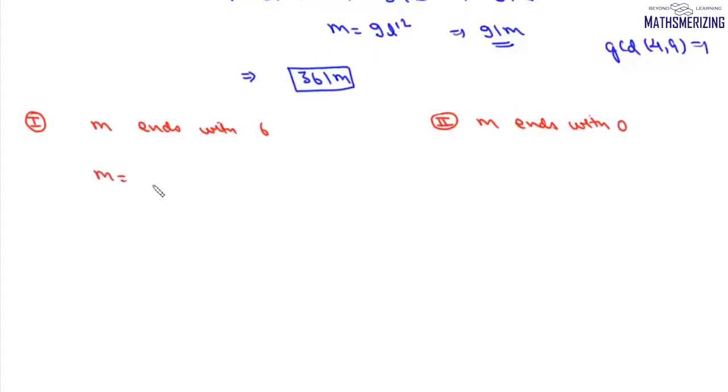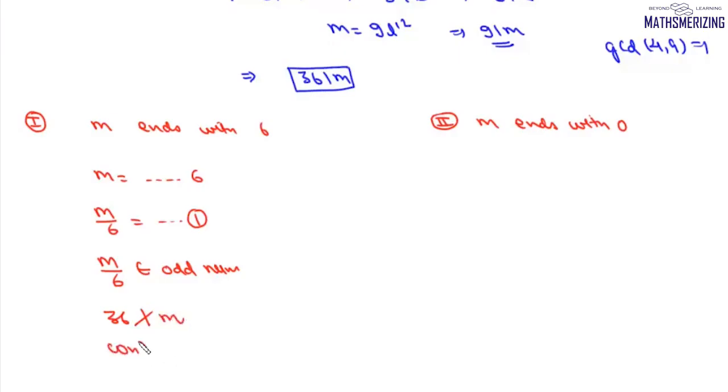Now if m ends with 6, then m by 6 will be, and here this value will be 1. That means this m by 6 is an odd number. And if m by 6 is an odd number, then 36 doesn't divide m, which is a contradiction. So that means this m cannot end with 6.